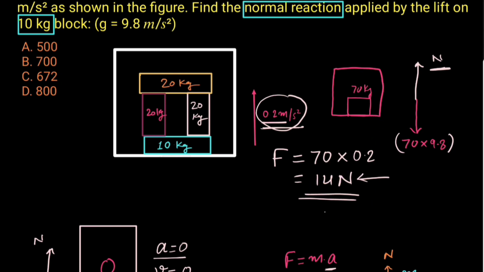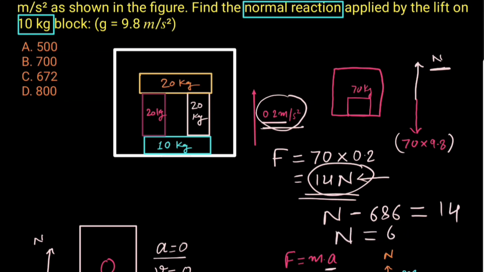Or we can say that N, that is the total upward force, minus the total downward force, that is 70 into 9.8, which is equal to 686, has to be equal to 14 Newton. Or from here the value of N comes out to be 686 plus 14, that is 700 Newton. So our option B would be the correct one.